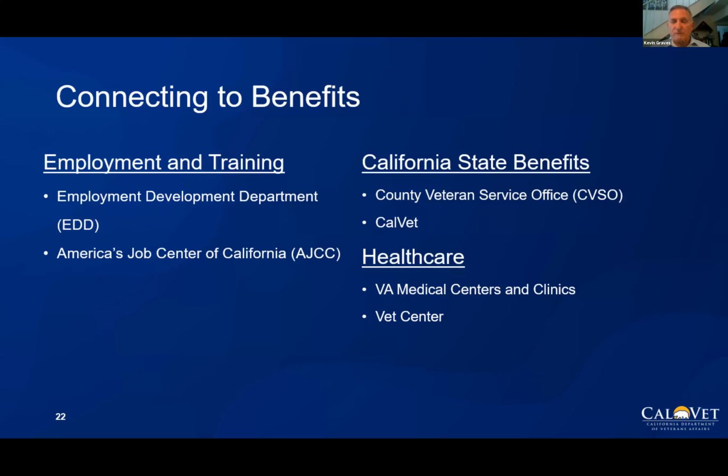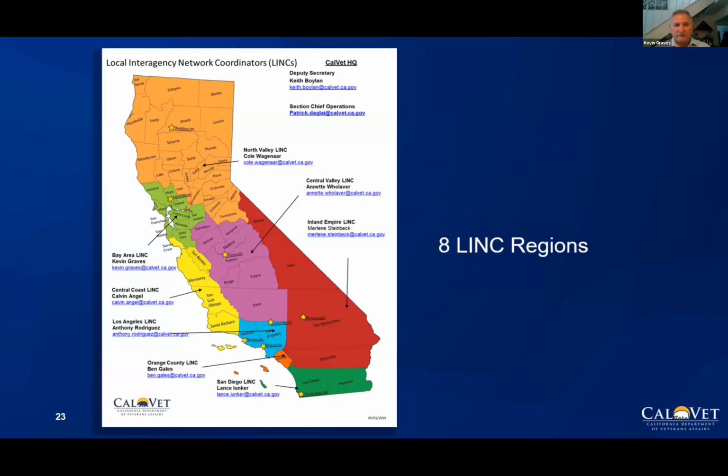We communicate with them on a regular basis at a lot of their healthcare centers. And then we also work extremely closely with our county veteran service offices. They are really our boots on the ground. I will speak a little more in depth about that in a couple of minutes, but we refer almost every veteran that we have to our county veteran service office. Can I get the next slide?